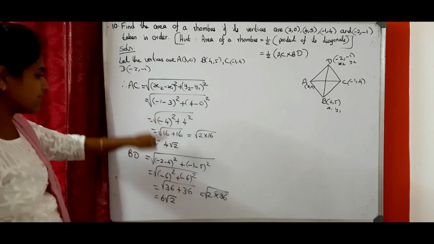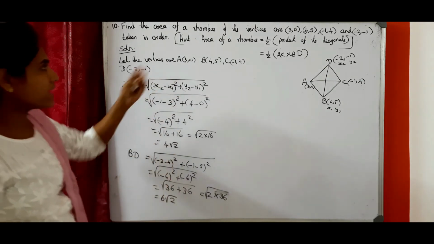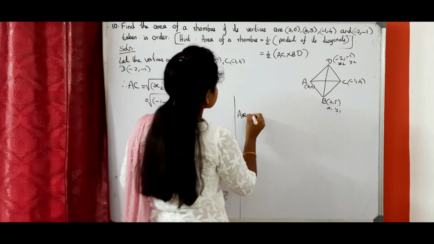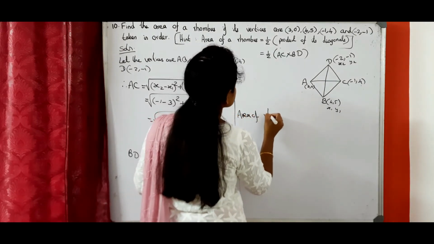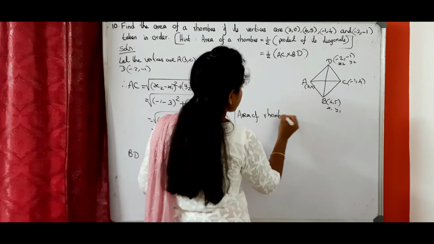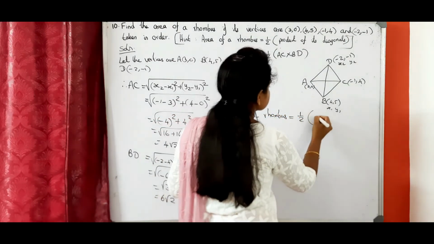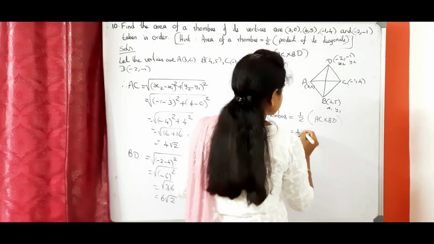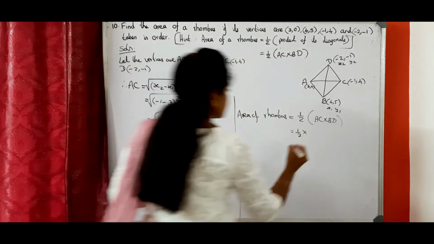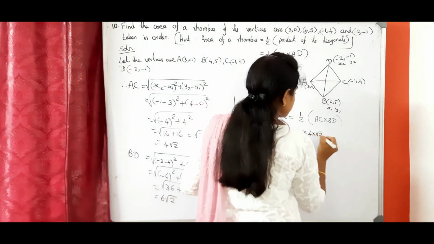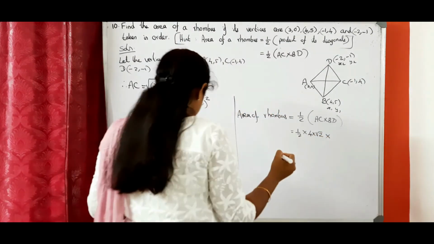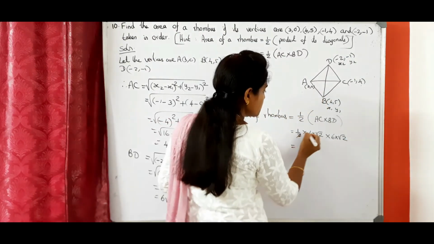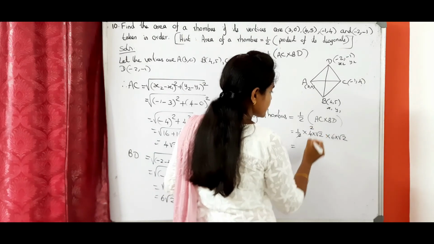Now we know the AC value and the BD value. Apply the values here. So we have to find the area of the rhombus. Area of a rhombus equal to 1 by 2 into AC into BD. So 1 by 2 into AC equal to 4 into root 2, into BD equal to 6 into root 2. Here this 2 and 2 cancel, 4 cancel, remaining is 2.